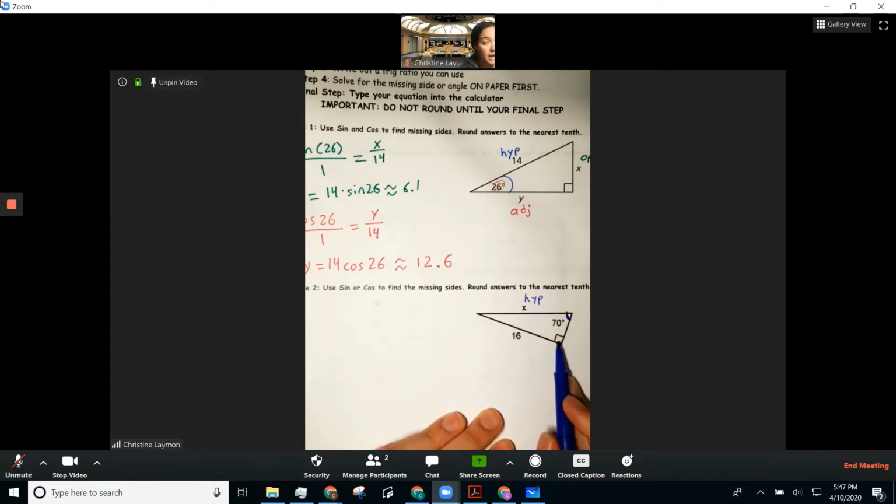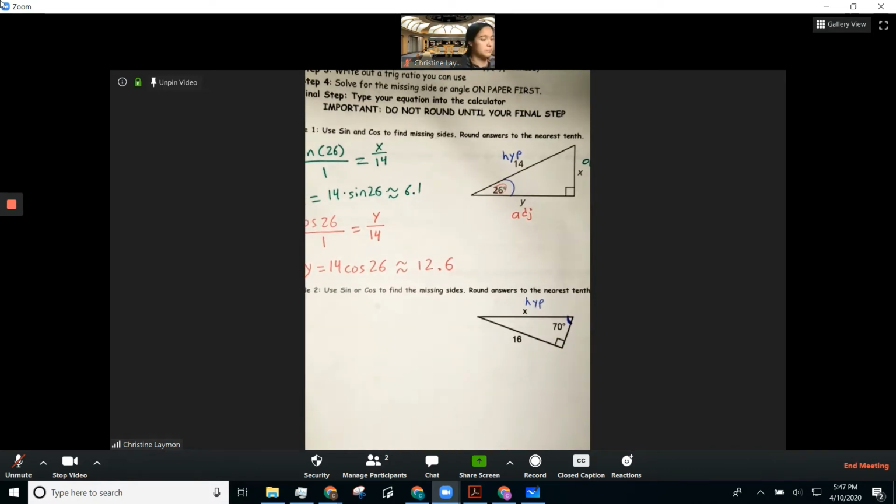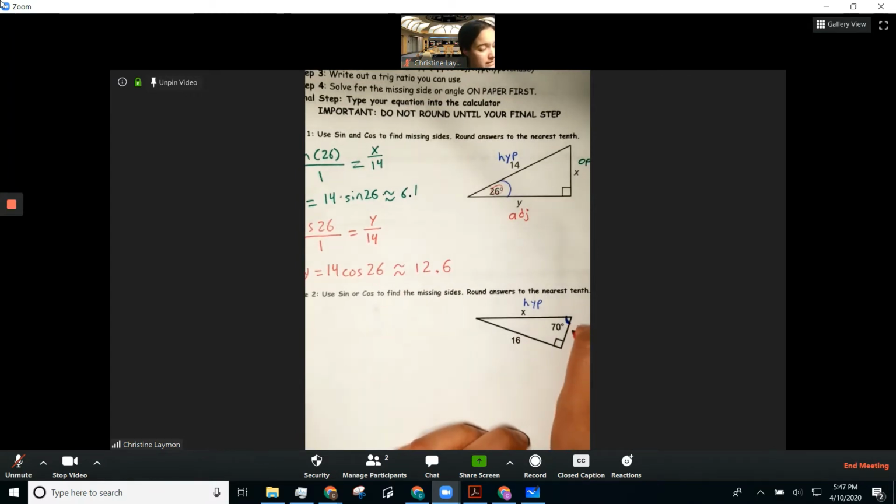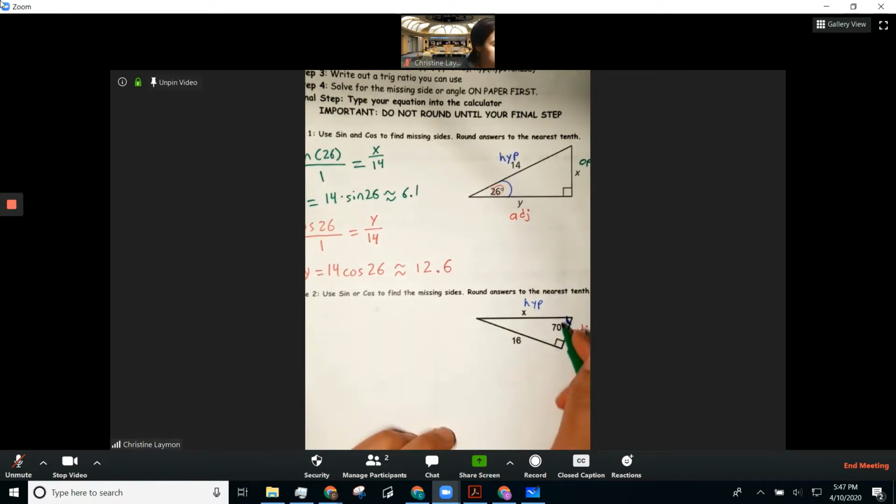Again, the right angle directly across from it is the hypotenuse. I'm going to use this short side here as my adjacent because it's a side touching the angle that is not the hypotenuse. So this here is my adjacent. And then if I go straight across to that 16, that is the opposite.